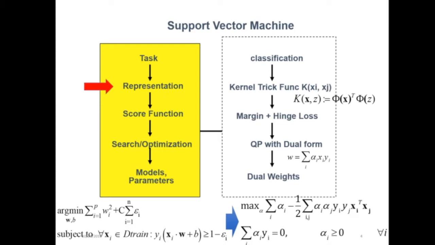For example, in this case, the kernel between sample X and sample Z is phi X, which we learned before, the basis expansion of the feature, inner product with phi Z, which is the basis expansion of the point Z. This still sounds pretty hard and abstract, and we're going to introduce why this is. I see there's a small mistake here, so I'm going to fix it.